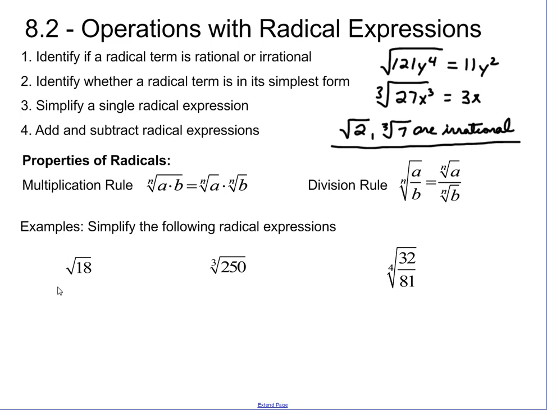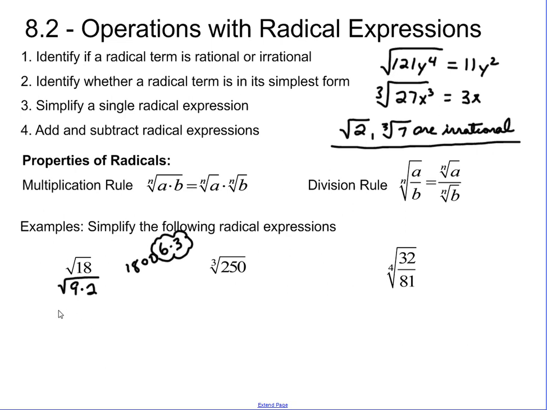So what could we do? Well, let's talk about this square root of 18. 18 is not a perfect square, but 18 does contain a perfect square factor, and that is 9, right? 18 is the same thing as 9 times 2. Now, that's not to say that 18 isn't also 6 times 3, which is okay, but neither of those two factors are perfect squares.